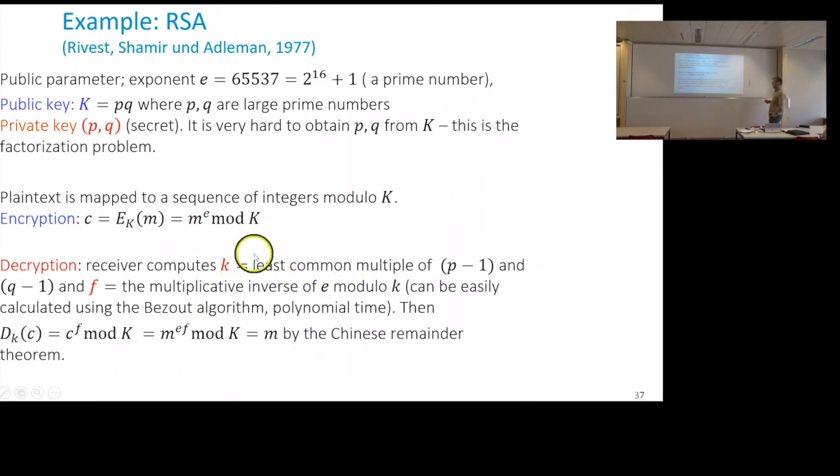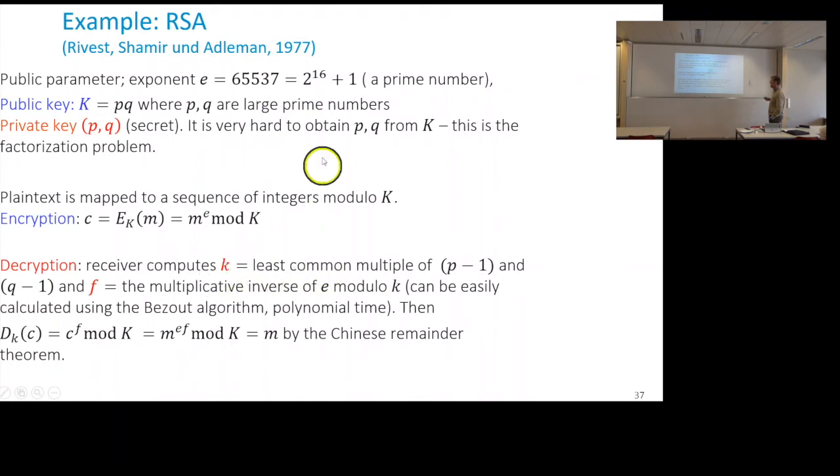So that seems a bit magical, and we don't have time to go through it, but you can see that its complexity is simple. So once I have the secret key, I compute the product or the least common multiple of p minus 1 and q minus 1. p and q are the two primes factors of k. That gives me little k.